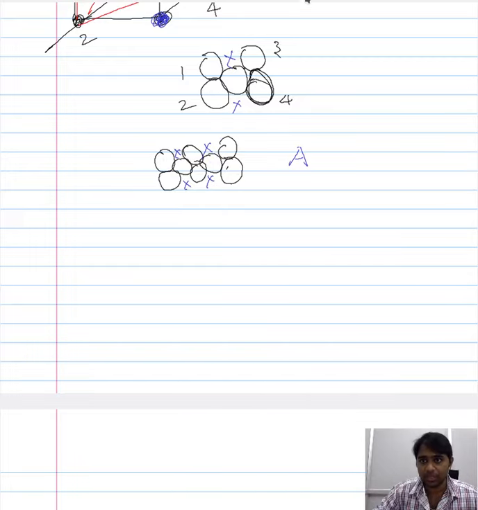So therefore you need another letter to represent that stacking sequence. So if the first layer is represented by A, then the next layer is represented by B. The third layer will adopt the similar arrangement that we have seen in A, so it will also be A, and the fourth layer will adopt the same arrangement that we have seen in the second layer, so it will be B.